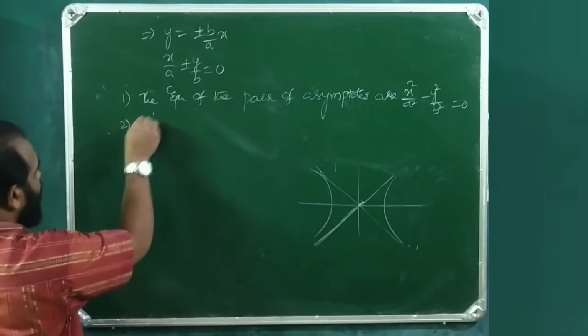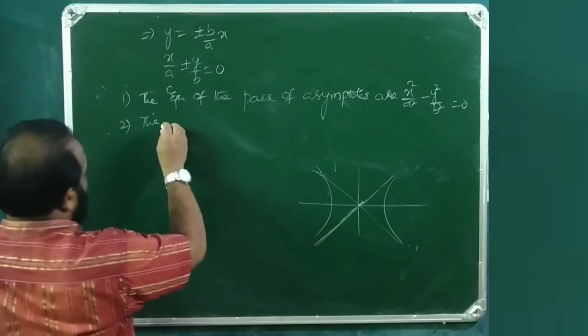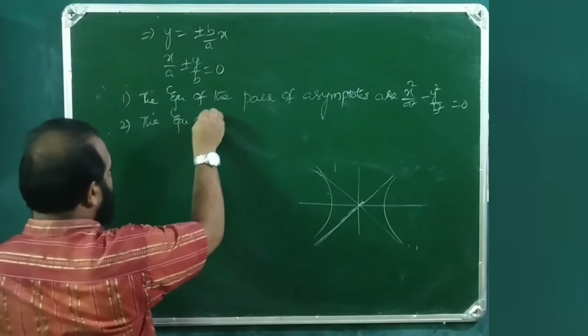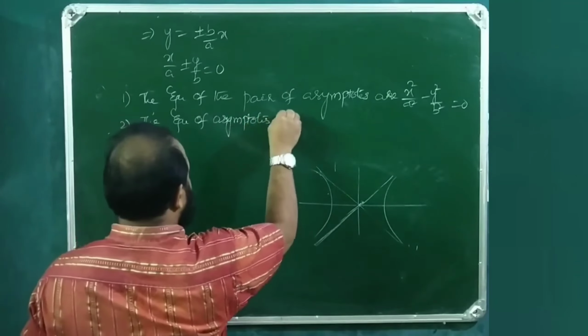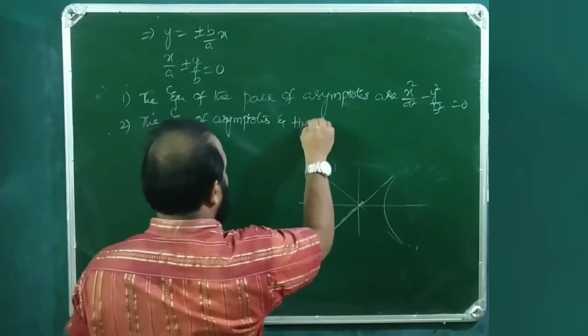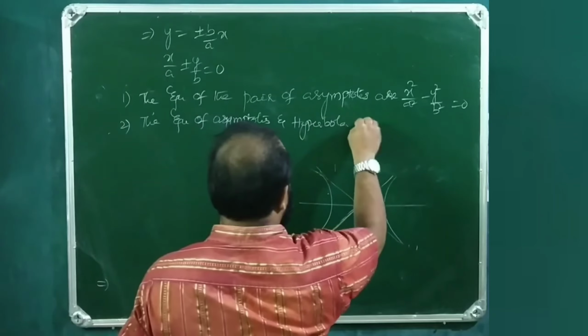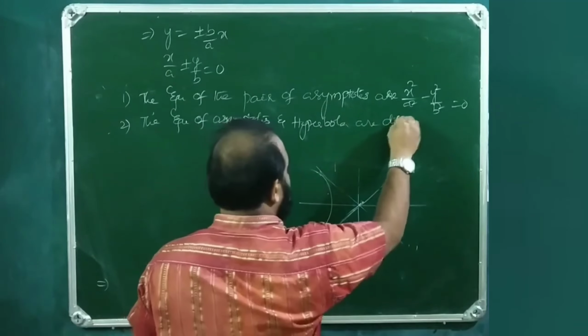Now, the equation of the asymptotes and the hyperbola differ by a constant.